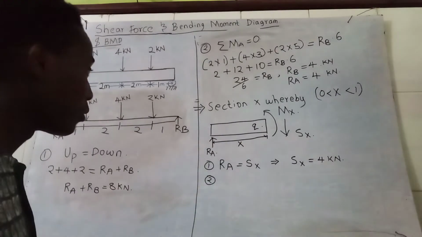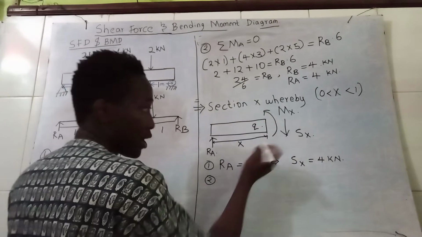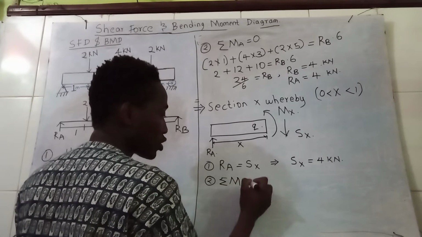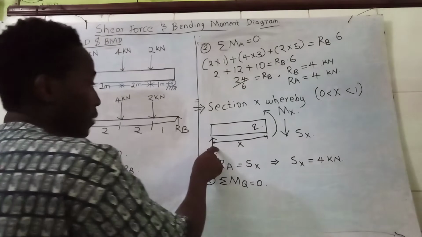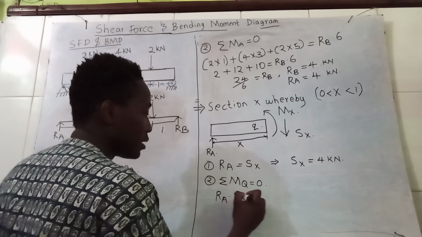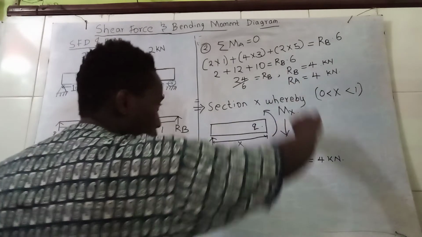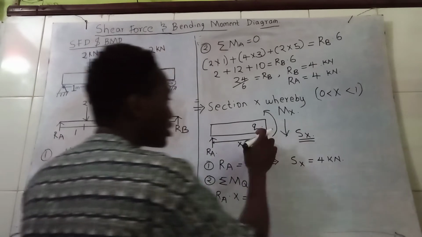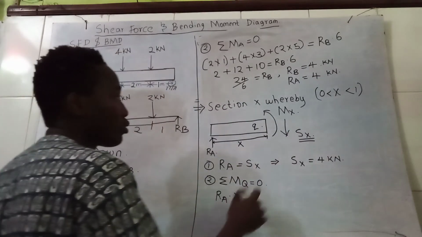Secondly, we consider moment. So for this point, you're going to take moment at a point Q, and point Q is inside my rod. So the sum of moment at a point Q is going to be 0. Now, from RA, we're going to multiply it by X. RA times X, so that is a clockwise moment, is equal to the anti-clockwise moment, that is SX multiplied by a distance of 0, since it is at point Q, so there's no need of writing it, plus MX.